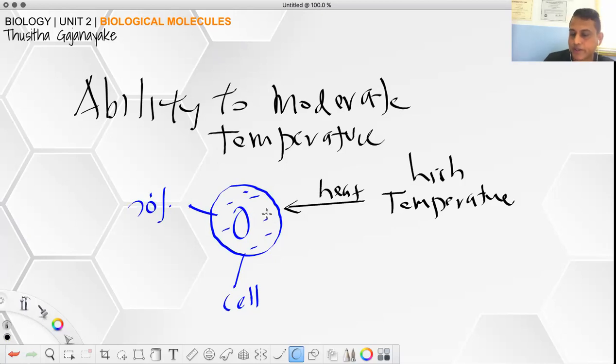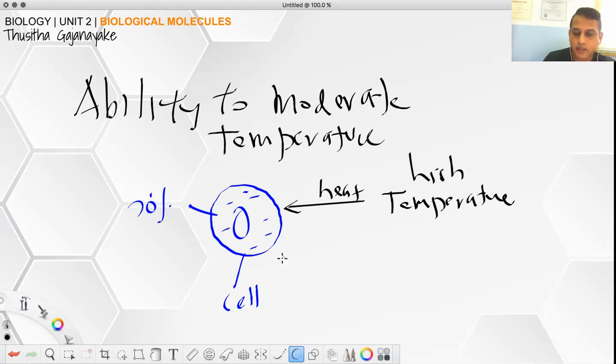But water has the ability to not change the temperature very quickly. It doesn't change the temperature very quickly, right?